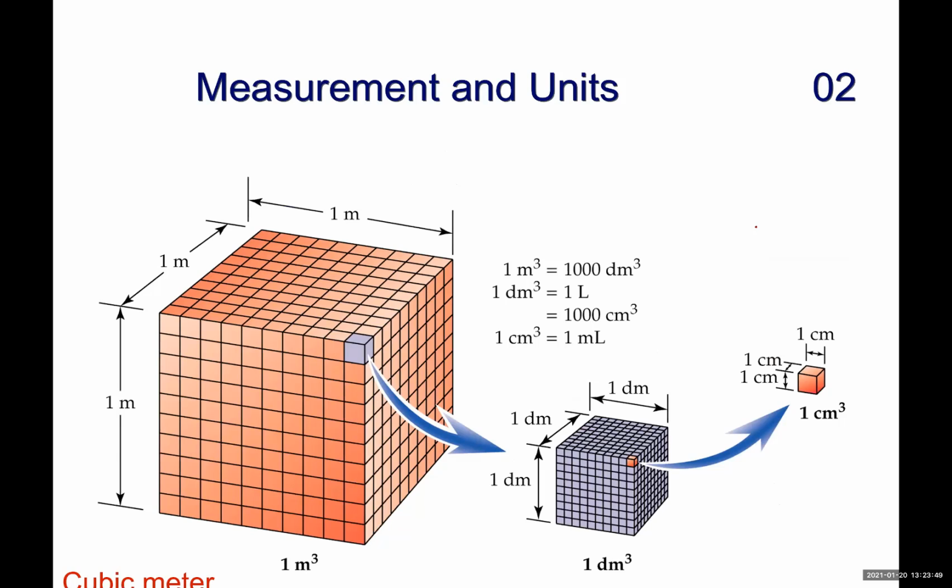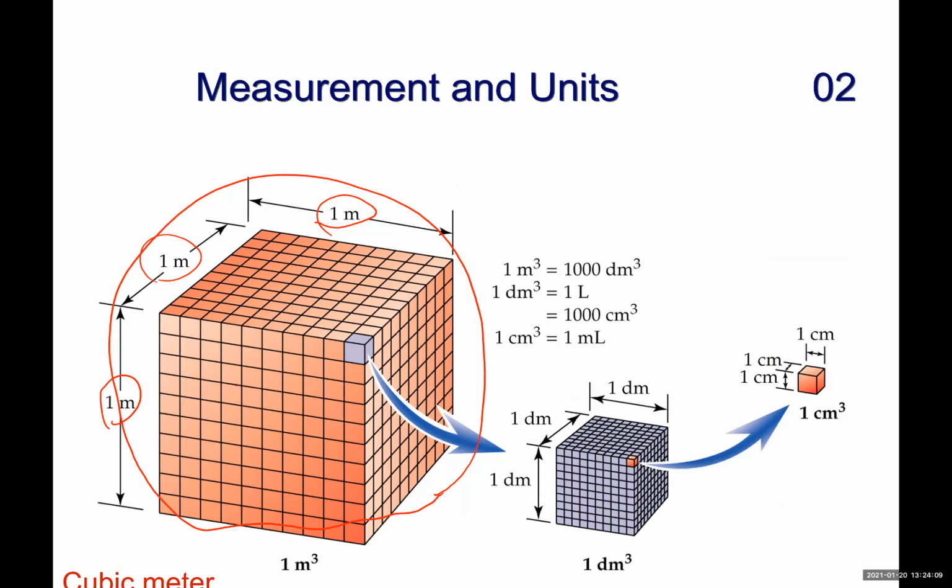So now let's take a look at the international unit of measuring the volume. As you see, I have got a cube here. Look at the dimension of the cube. It's 1 meter by 1 meter, and the height is 1 meter. So if I multiply these 3 units together, is it fair to say that I get 1 cubic meter?